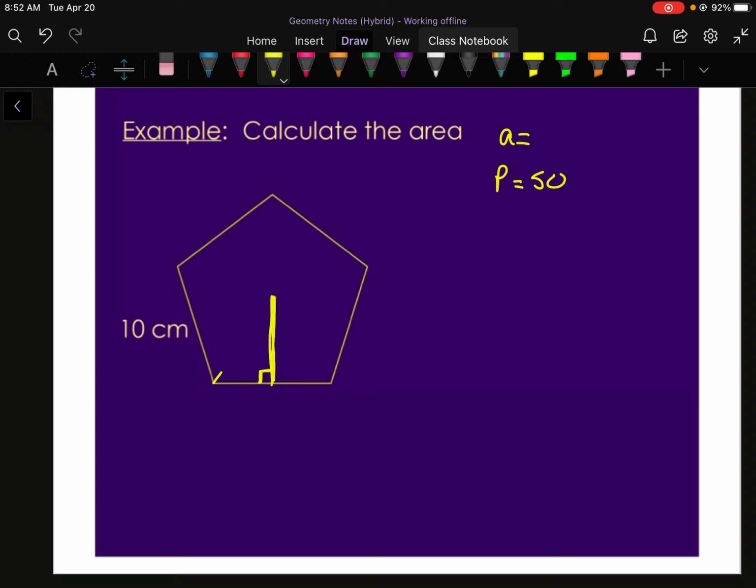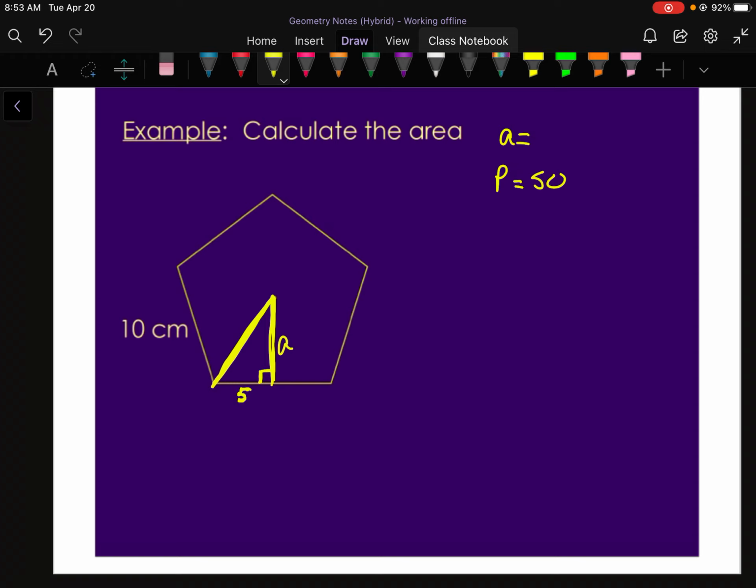So what we're going to do is make a right triangle, because the apothem is the perpendicular distance, which means I have that right angle. Now, I know the whole side here is 10, right? So if I split that in half, that means that is 5. Okay, so far, not too bad. We're trying to find A, our apothem.